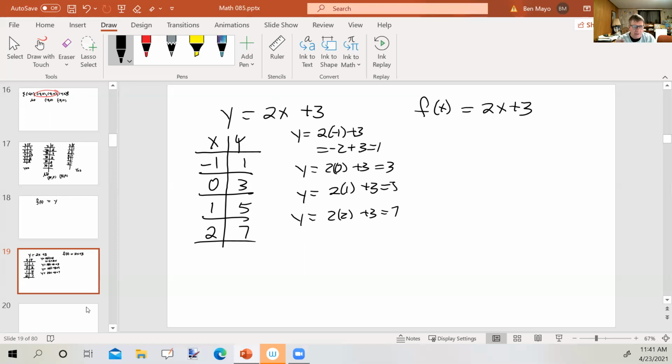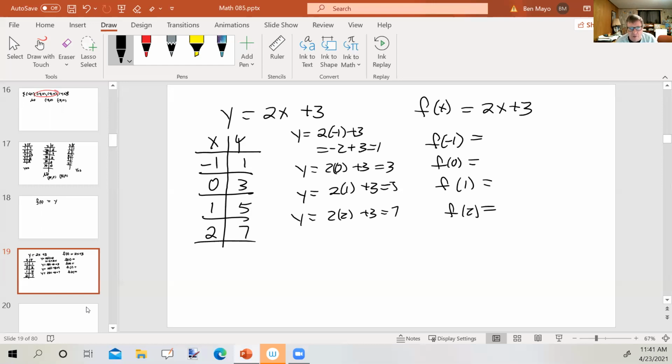Now, let's take the related function, f of x equals 2x plus 3. To find the same pairs of numbers, I would say f of -1 equals, f of 0 equals, f of 1 equals, and f of 2 equals. So the input, or the x value, goes inside the parentheses.